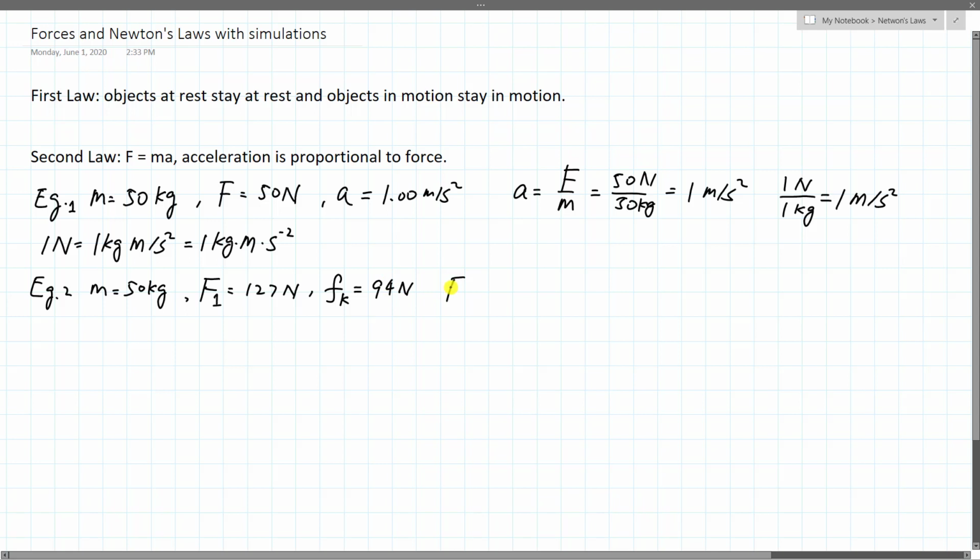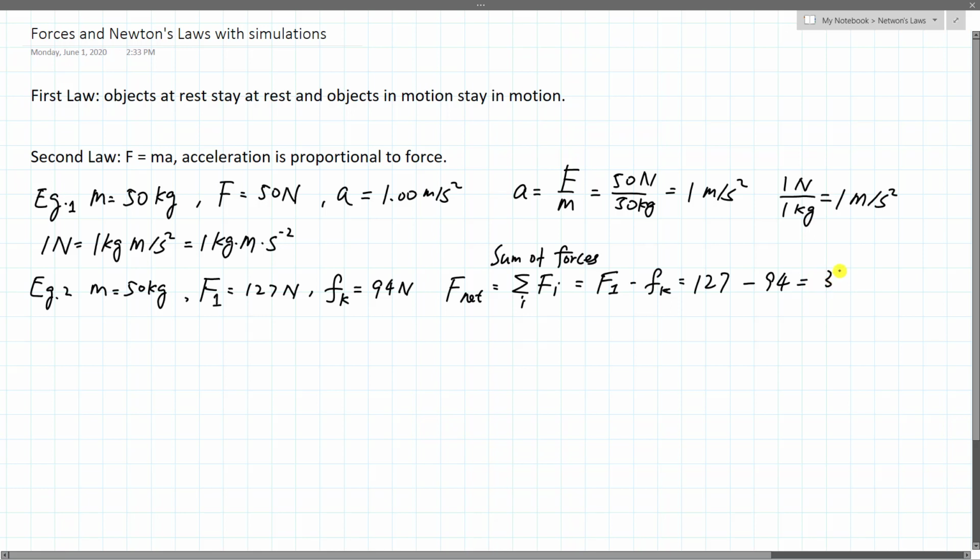So F net, which is defined as the sum of the forces. Let's get the symbols first. This force minus this force, because we're moving forward against that friction that's backward. So that's 127 minus 94.